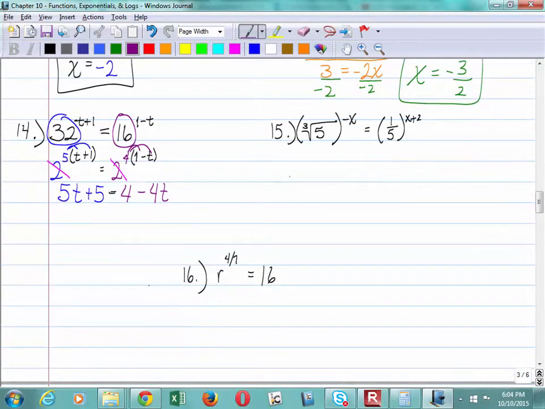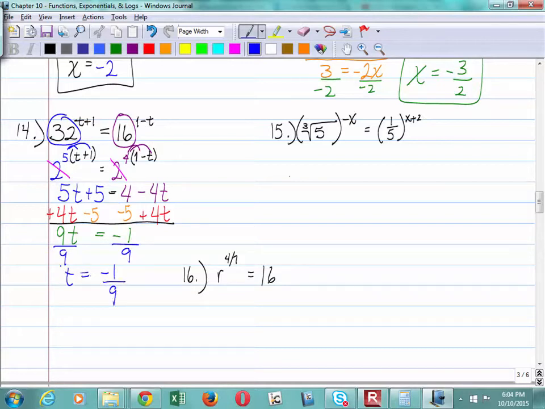So I'm just trying to solve for t, so I'm going to add 4t to both sides. And then I'm just going to go ahead and subtract 5 from both sides. So that's going to give me 9t equals negative 1. And then divide both sides by 9. So that gives me t is equal to negative 1 over 9.